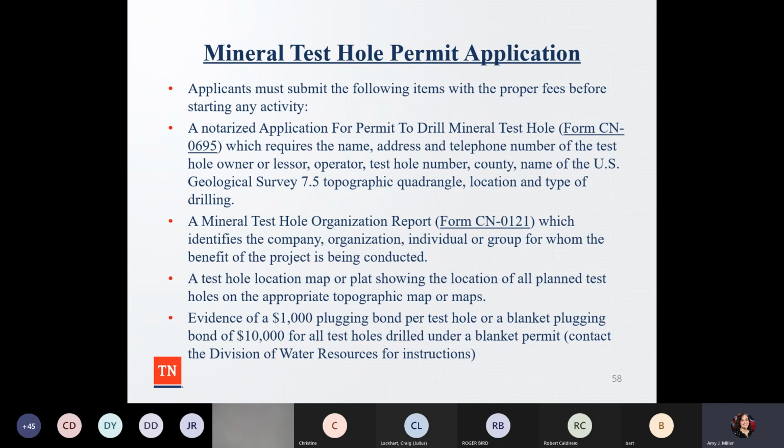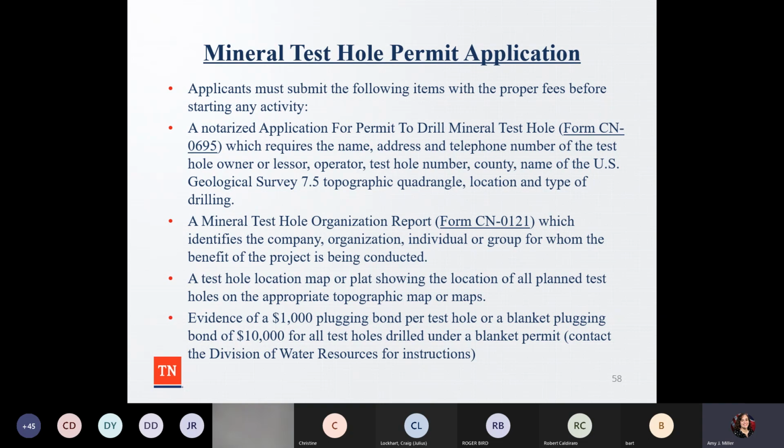They have to have a notarized application for the permit to drill a mineral test hole. They also have to have an organization report, and then they have to have a location map, plat map showing the location of all planned test holes on the appropriate topographic map, and then evidence of $1,000 plugging bond per test hole, or a blanket plugging bond of $10,000 for all the test holes under a blanket permit.